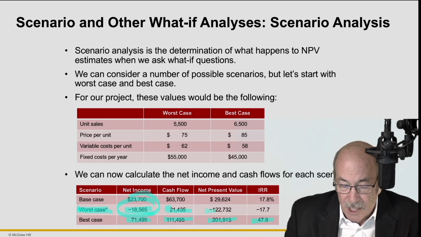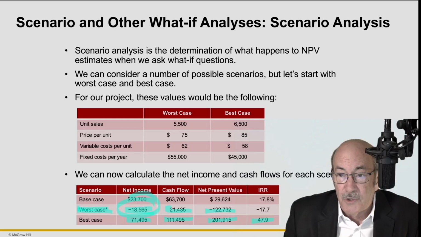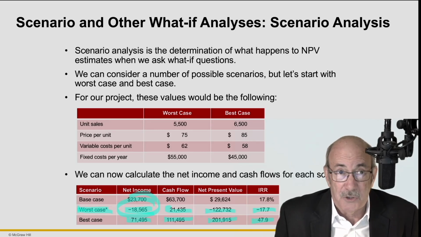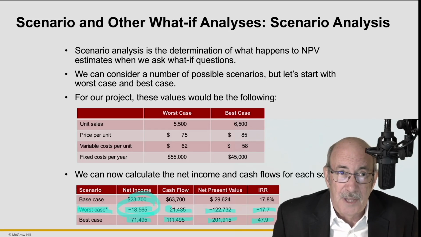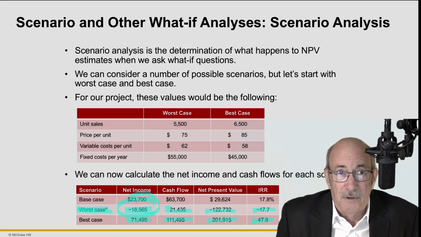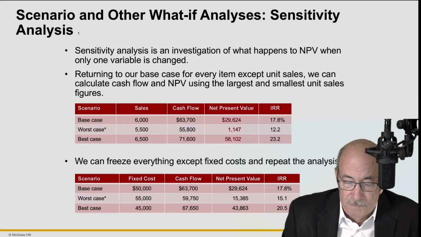We end up getting a net present value of negative 122,732 and an IRR of negative 17.7%. So in the worst case scenario, we would actually not take the project. But that doesn't mean we won't take the project overall. We're just trying to get some sense of the possible outcomes.